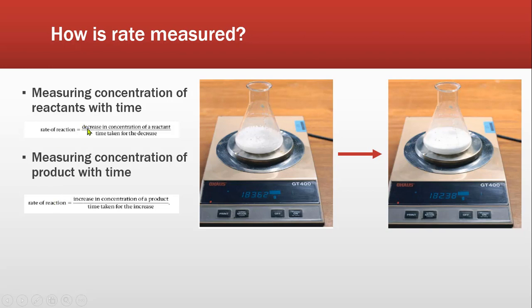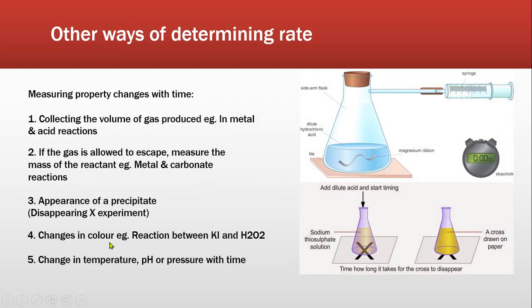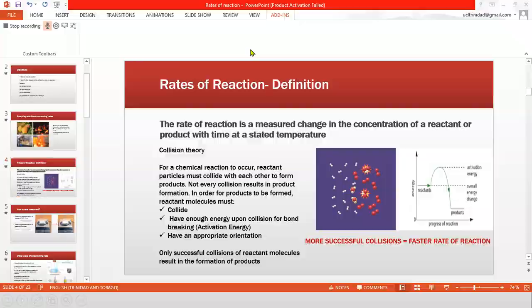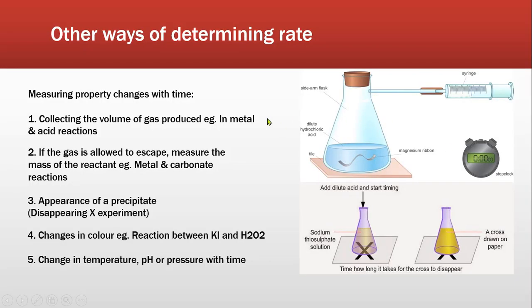You can either calculate using the decrease in concentration of reactant or the increase in concentration of a product. However, this is not always easy to do. So there are other ways of determining rate. So one can be measuring the volume of product formed.